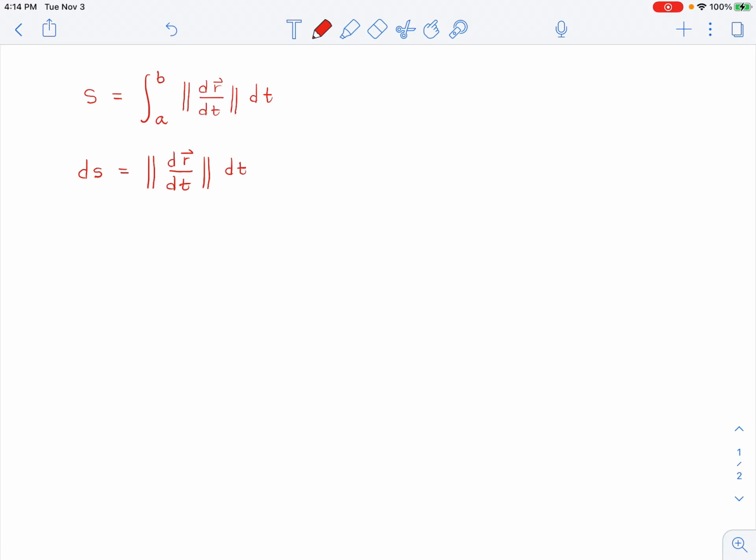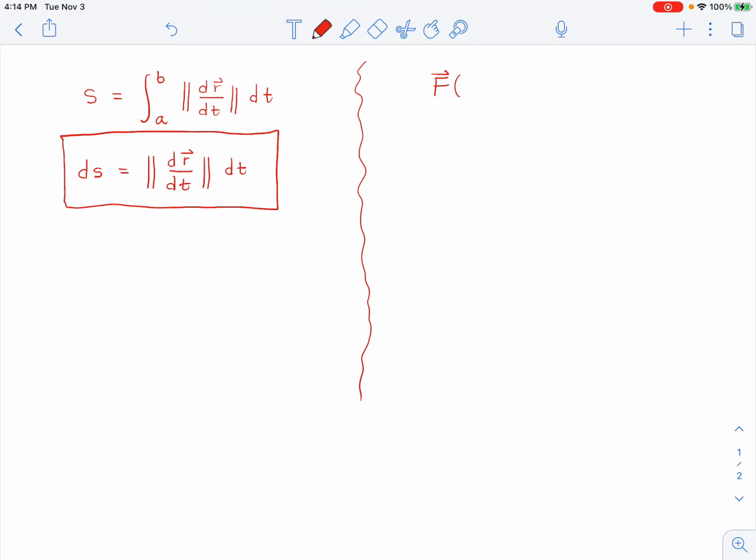Okay, so we're going to use this very shortly. Meanwhile, let me go back to the dot product inside the work done integral.